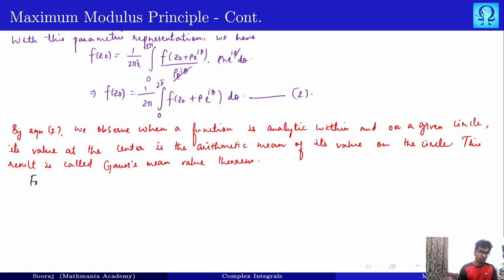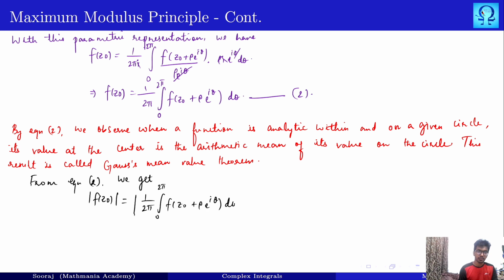Okay, so from equation 2 we get absolute value of f of z naught is equal to absolute value of 1 upon 2 pi integral 0 to 2 pi f of z naught plus rho e power iota theta d theta, and this is smaller than or equal to 1 upon 2 pi integral 0 to 2 pi absolute value of f of z naught plus rho e power iota theta d theta.